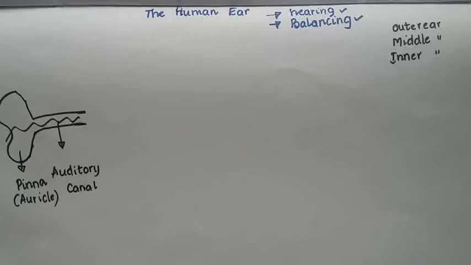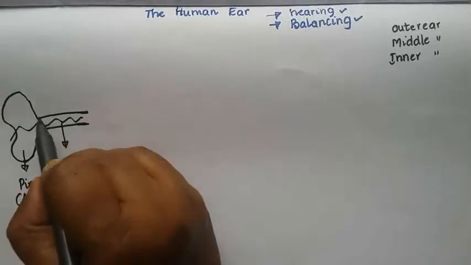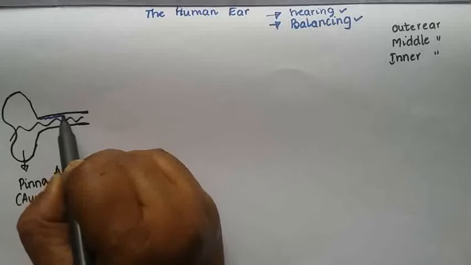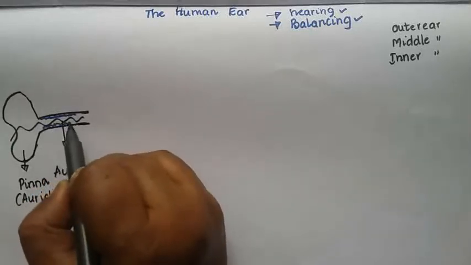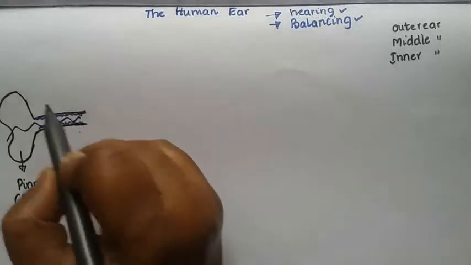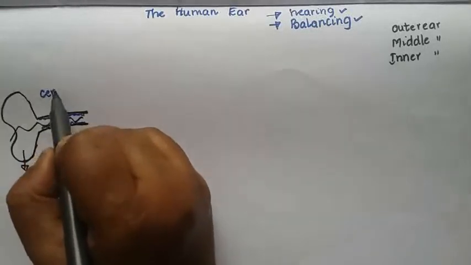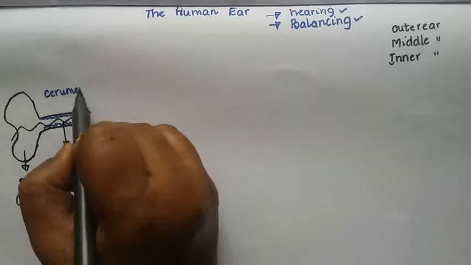In the inner lining of the auditory canal, we find the glands which secrete earwax, which is also known as cerumen.